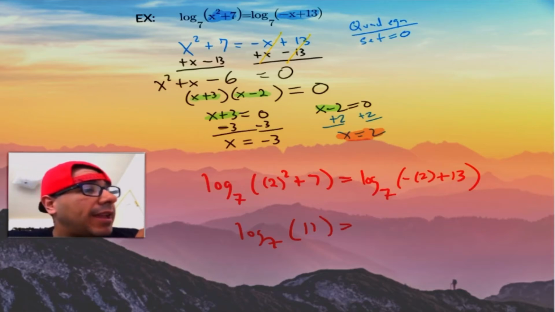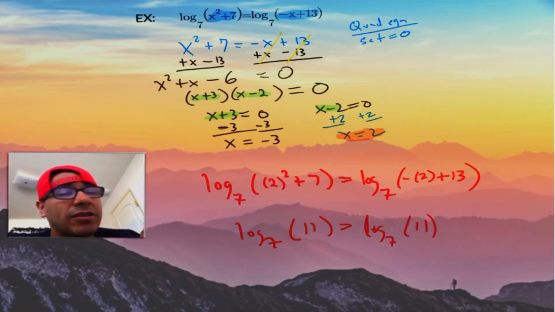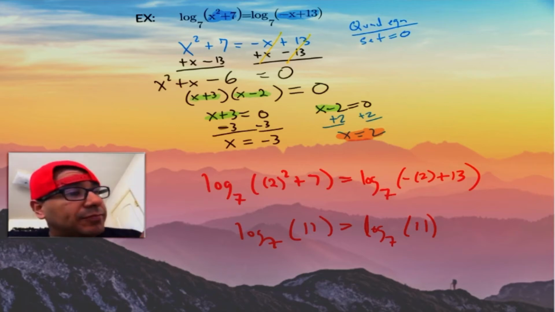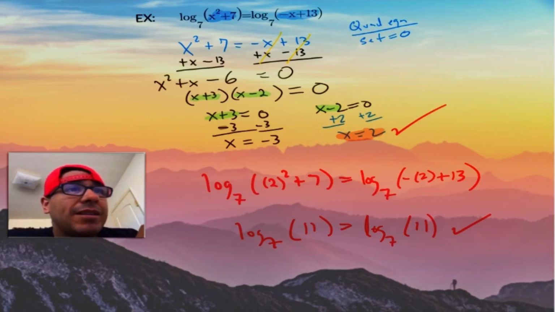And on our right-hand side, we have -2 plus 13. And so we also get log base 7 of 11. So notice this one checks out. So this 2 checks out. Now let's plug in the -3 and see if it checks out.